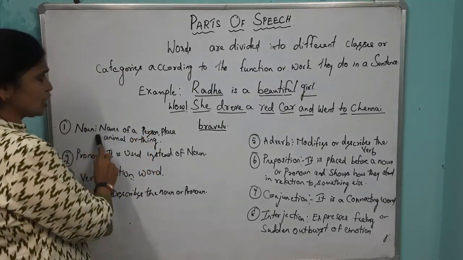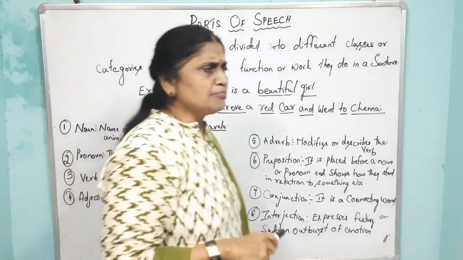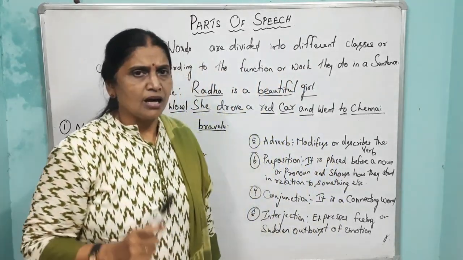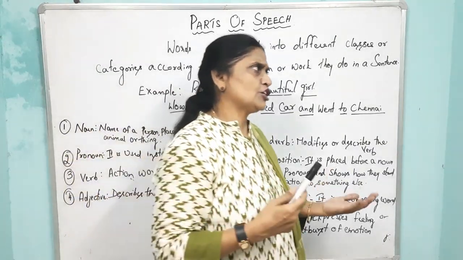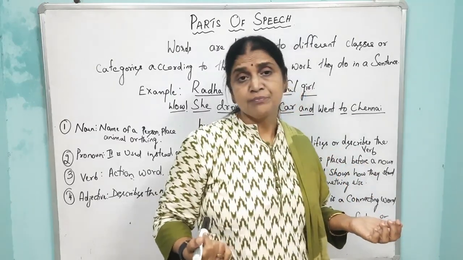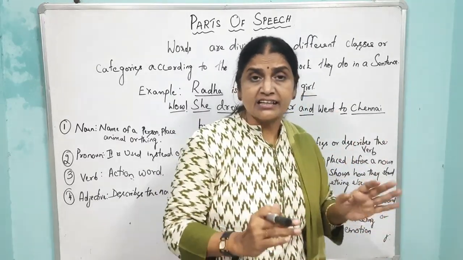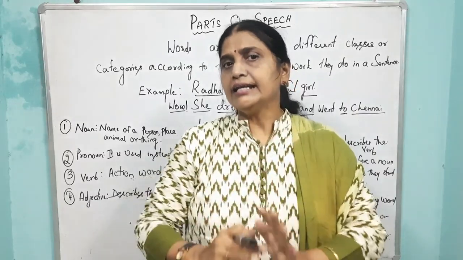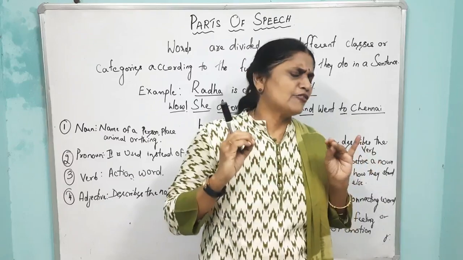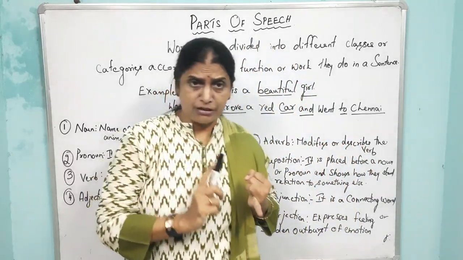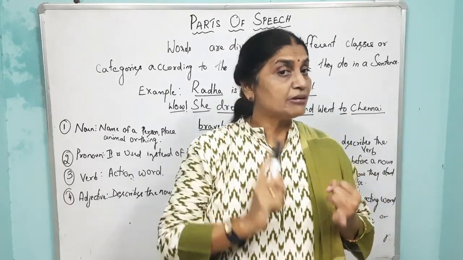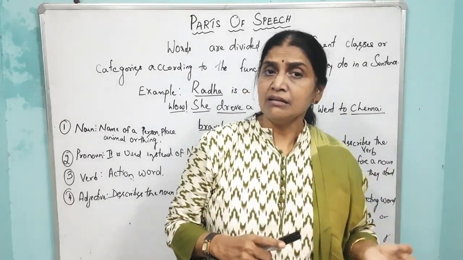The first one is noun. From 3rd standard onwards, the teachers must have been teaching you, and you would have understood what a noun is. There are also kinds of nouns, which we'll see later at length when we take the noun lesson. To put it in a very simple way, a noun is the name of a person, place, animal or thing.